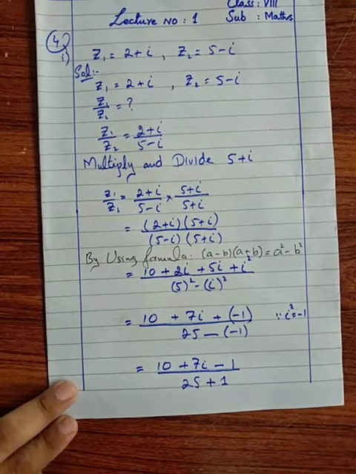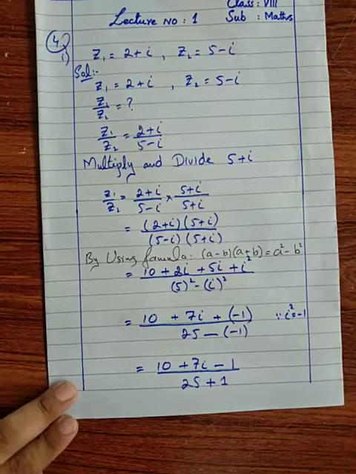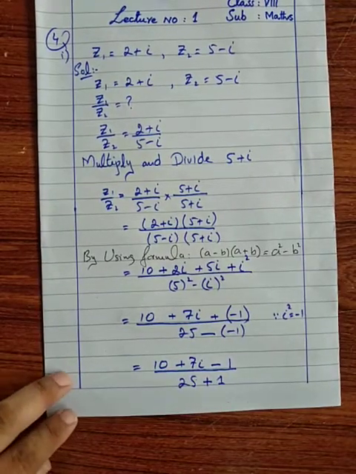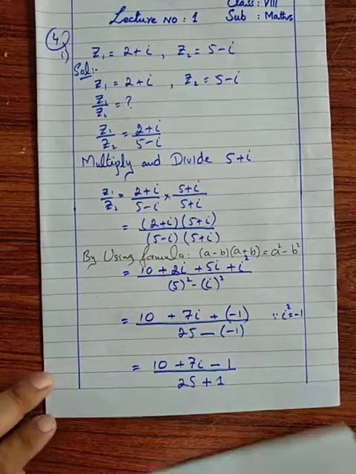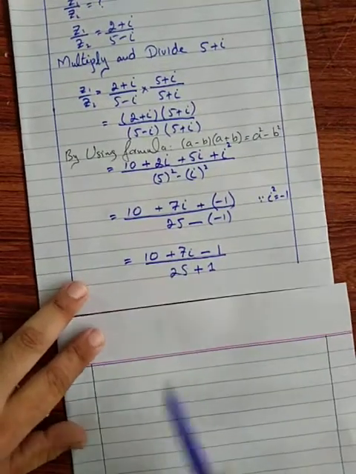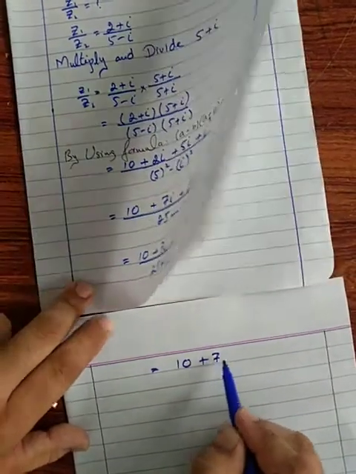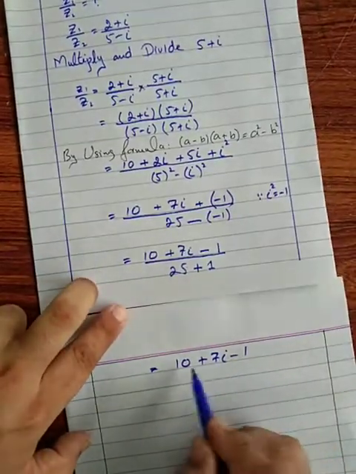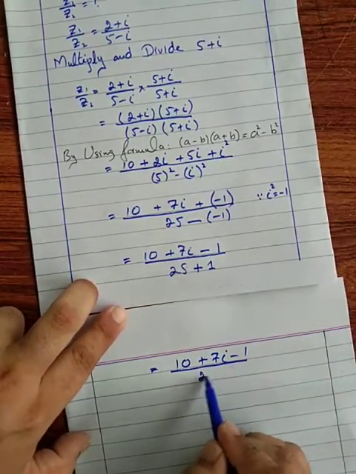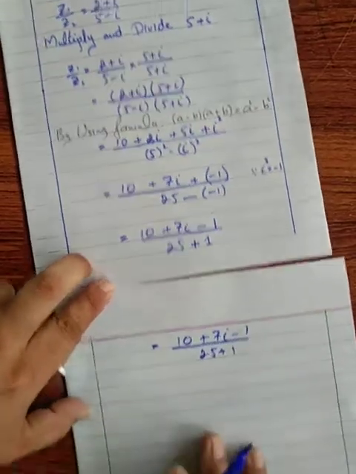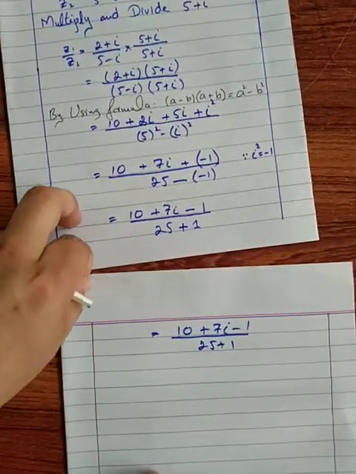So we need a little arrangement here. So we arrange these two numbers. I just repeat, 10 plus 7 iota minus 1 and 25 plus 1.